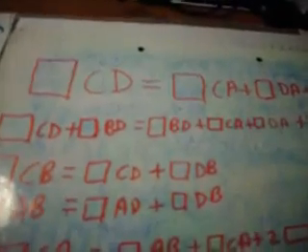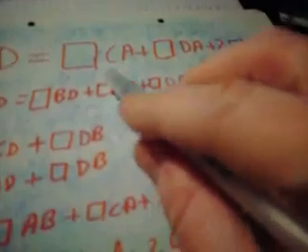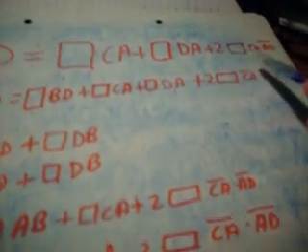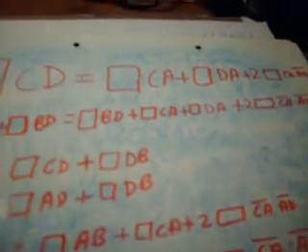The square on CD is equal to the following sum: the square on CA, the square on DA, and twice the rectangle contained by CA and AD. So what does that all mean?